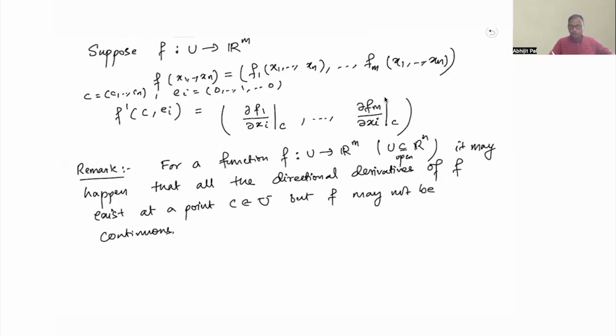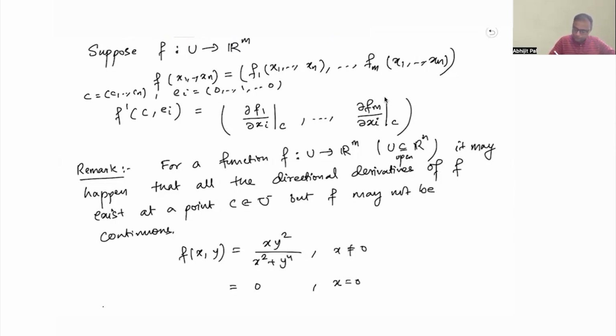So for example, if I take this function f(x, y) equal to x y square divided by x square plus y to the power 4, where x is not equal to 0, and it is equal to 0 if x is equal to 0.